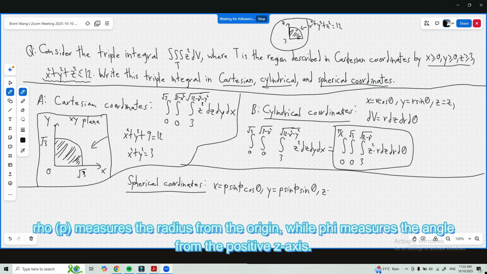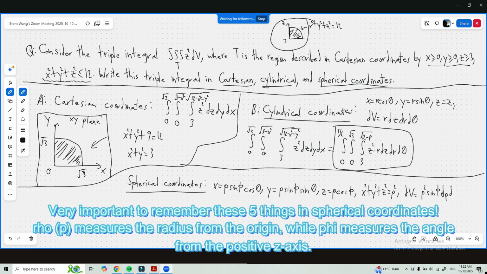And z is equal to rho cos phi. I'm also going to say x squared plus y squared plus z squared equals rho squared. And dV is equal to rho squared sine phi d rho d phi d theta. This is something you have to remember for spherical coordinates.